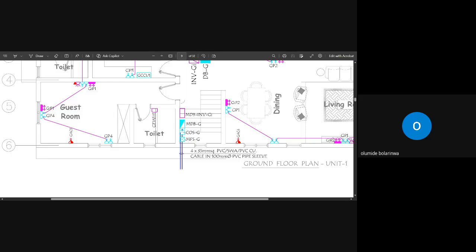So now, if you look at that page 32, from our changeover switch to your main distribution board, cable has changed. Do you know that? Let me show it to you. Different cable.